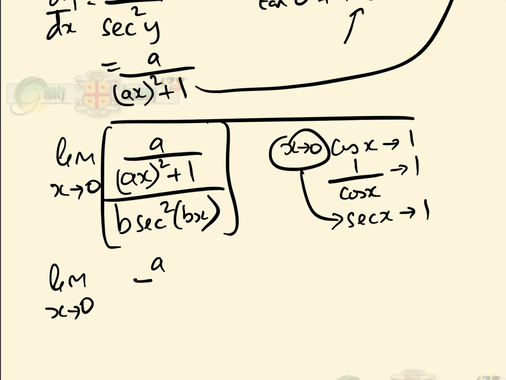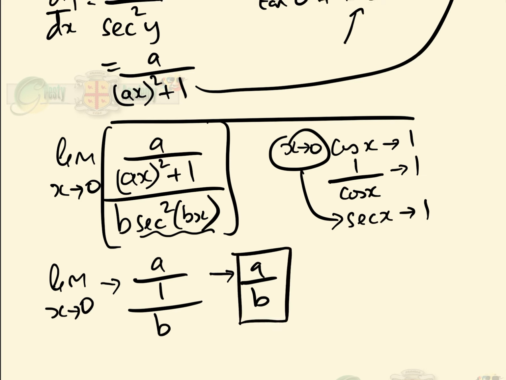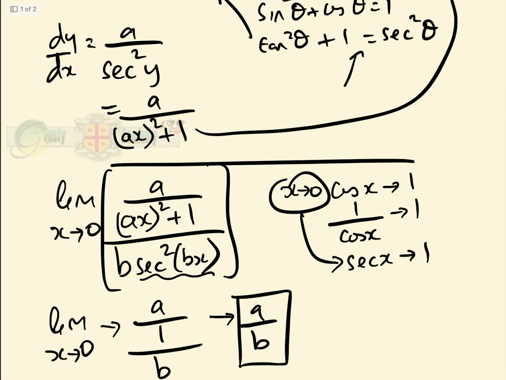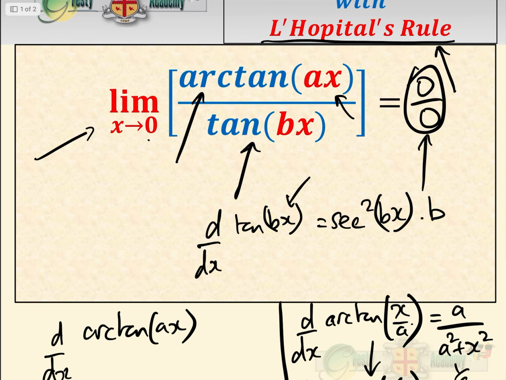That becomes a over 1 over b, and sec squared of 0 is 1, so it becomes a over 1 over b, which becomes a over b, and therefore our answer is a over b, which is the answer to the original question here, a over b, by using L'Hopital.